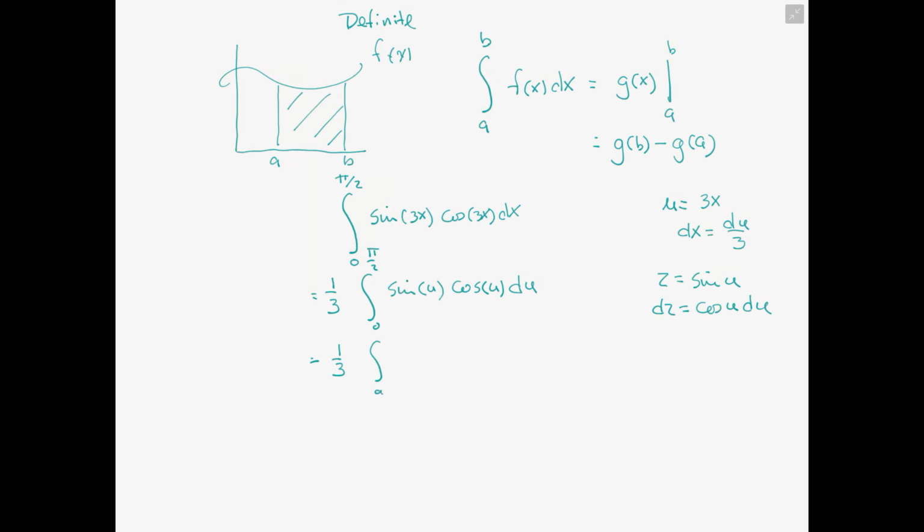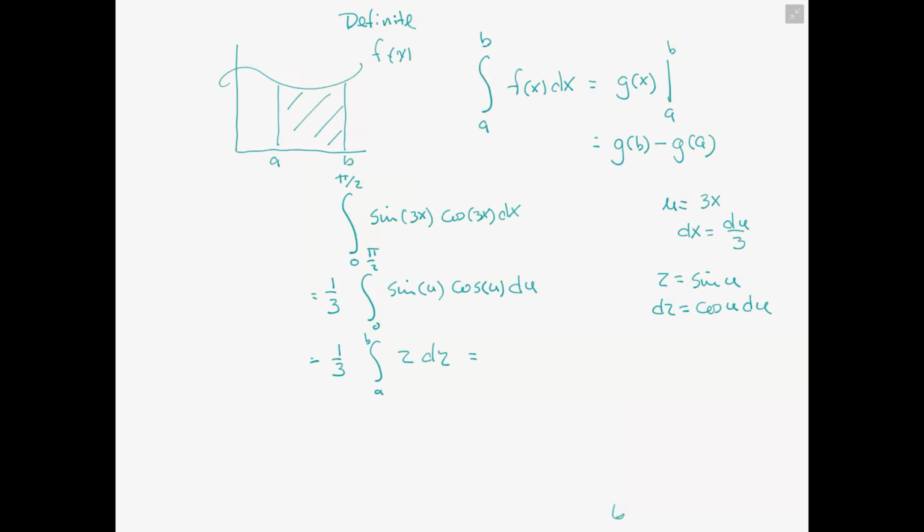But here we've got another substitution. We say z equals sine of u, dz equals cosine u du, and we have basically a polynomial integration. And we just say a to b here because we don't know what those limits are if we converted them.